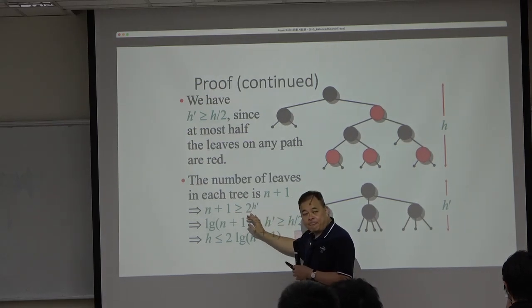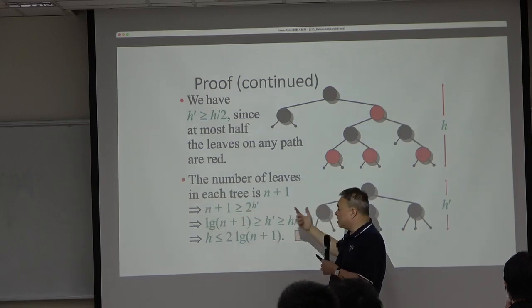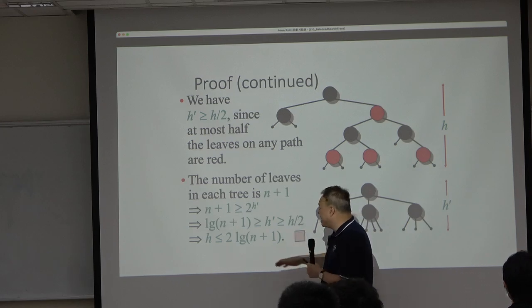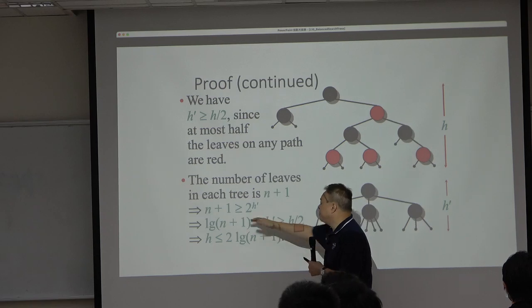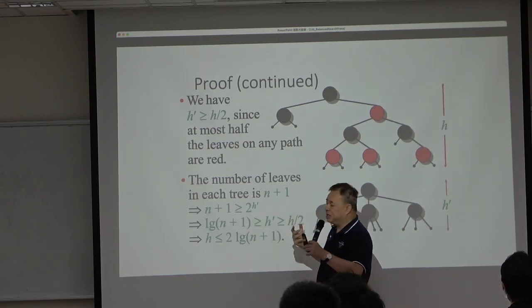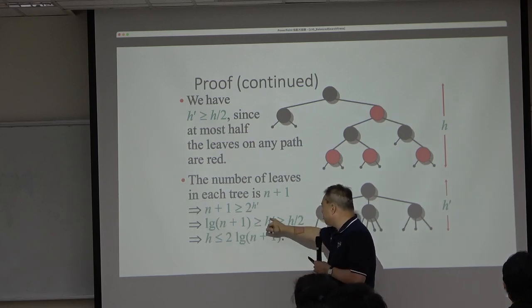With that, we apply log on both sides. Log of n plus 1 is greater than or equal to h prime, since both are positive numbers greater than 1, so this inequality still holds.